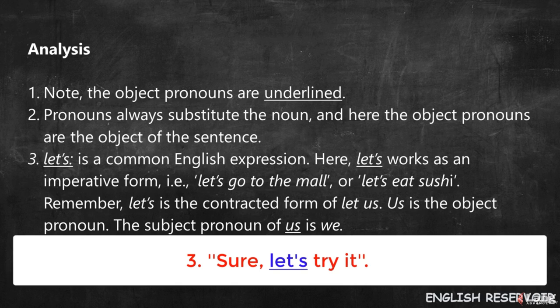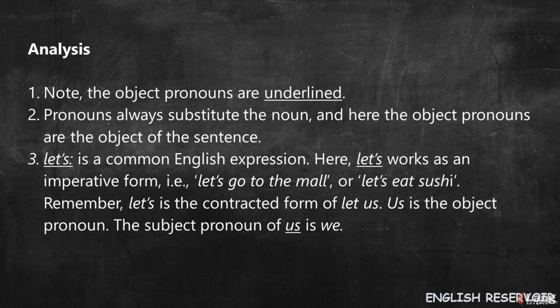Here, let's works as an imperative form, i.e., let's go to the mall or let's eat sushi. Remember, let's is the contracted form of let us. Us is the object pronoun. The subject pronoun of us is we.